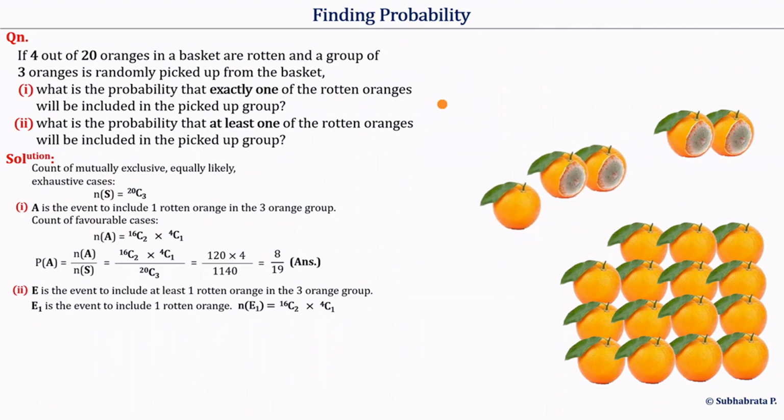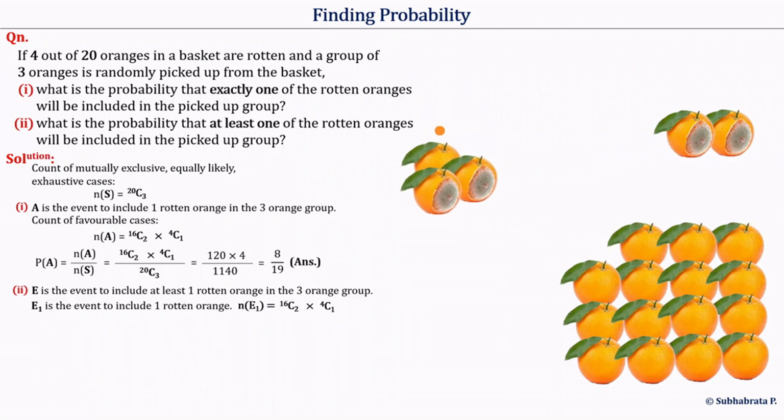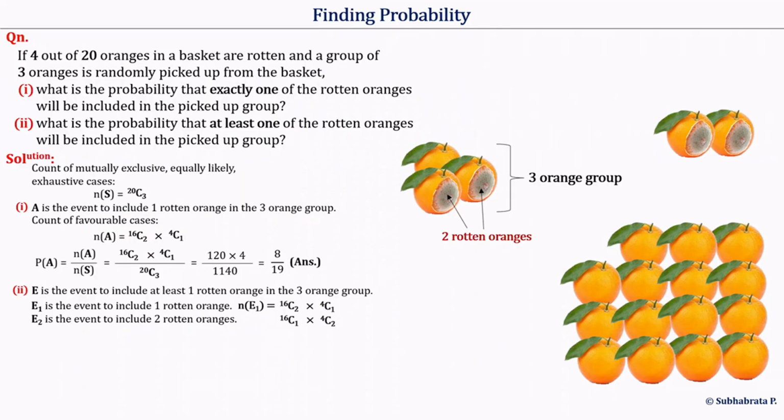We can select 1 good orange and 2 rotten oranges to form this group containing 2 rotten oranges. If we consider this type of selection as event E2, 1 good orange we can select in 16C1 ways, 2 rotten oranges we can select in 4C2 ways. This is the count of favorable cases belonging to the event E2.